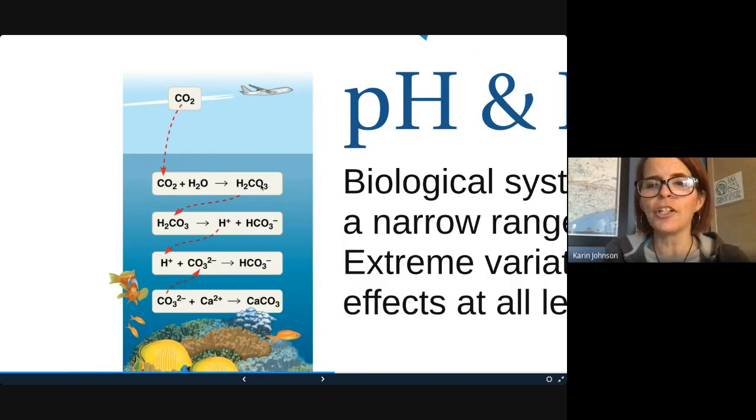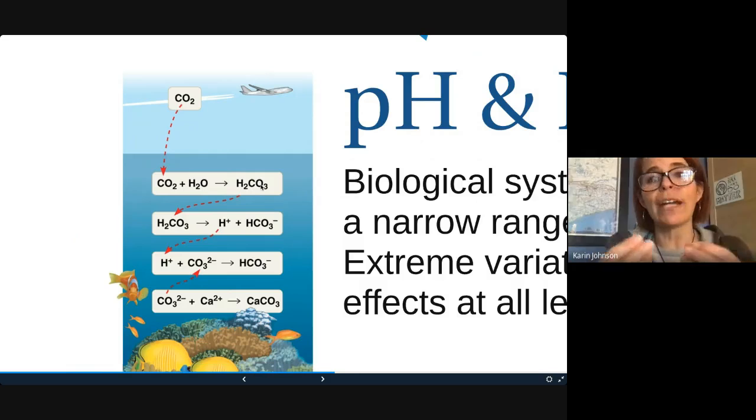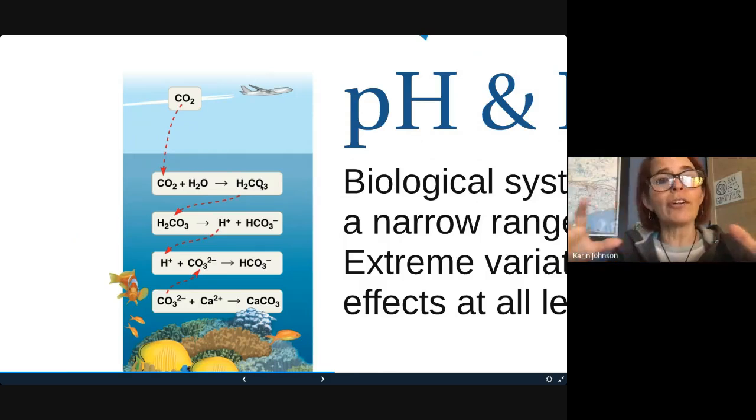Carbonic acid removes their ability to produce calcium carbonate. So they can no longer make their shells. Their shells become transparent and fragile, and then eventually they can't make their shells. And the coral reefs can no longer build the skeleton for the coral reef, which is the foundation of the entire tropical water ecosystem.